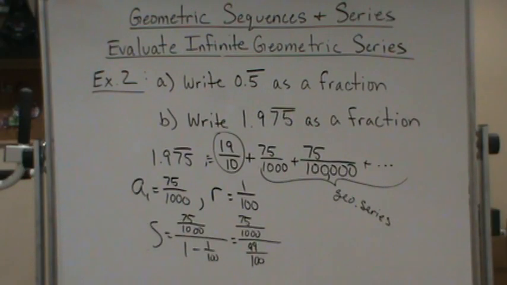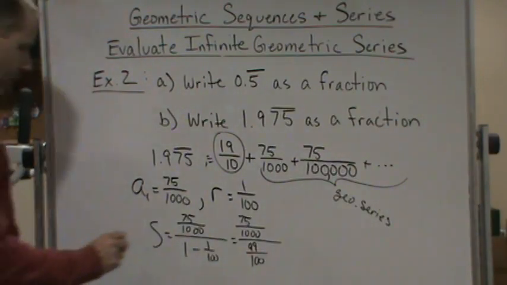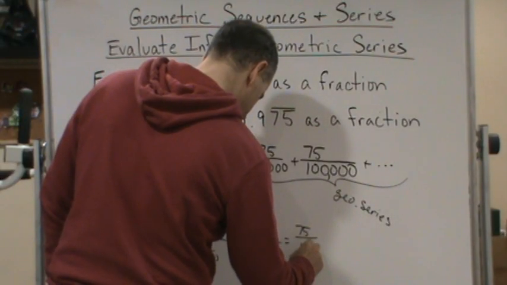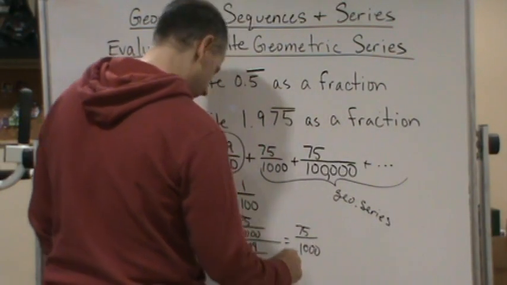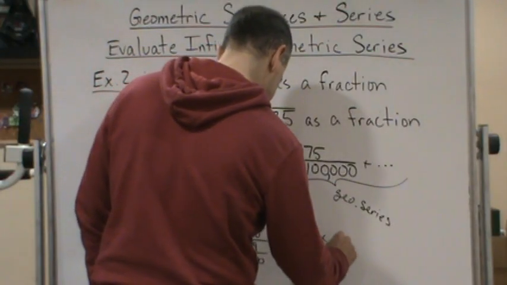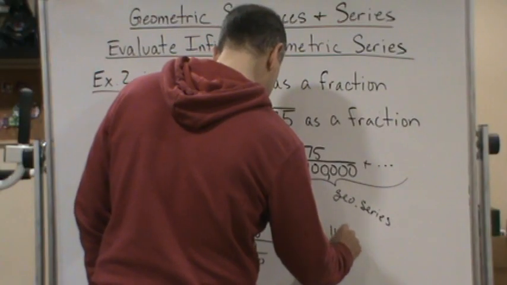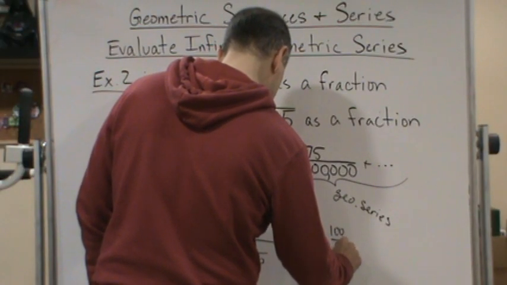And then if we simplify this, we get 75 over 1,000 times 100 over 99.